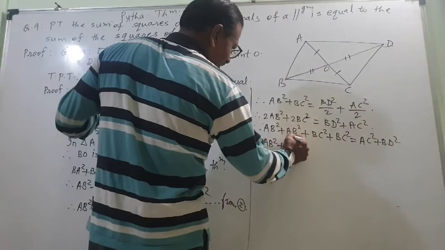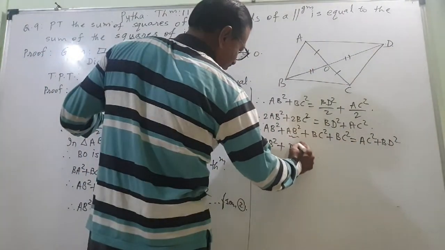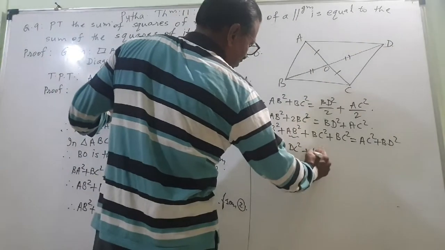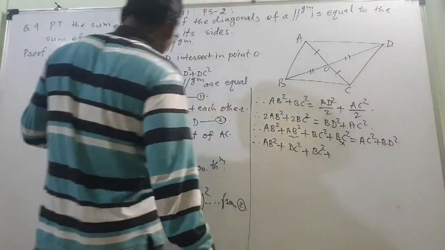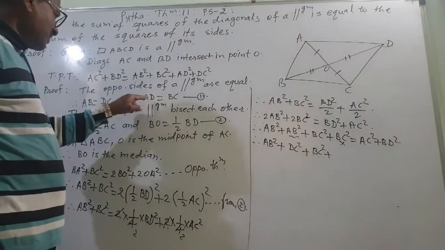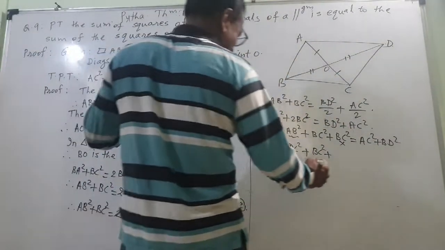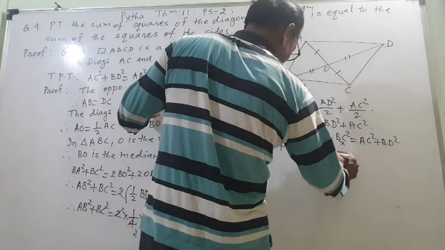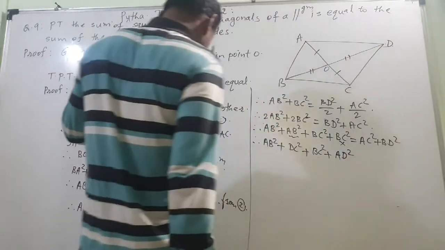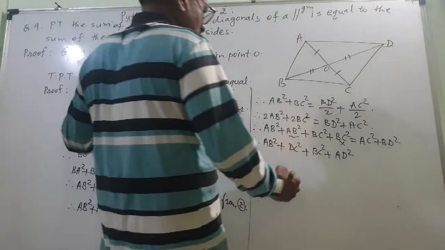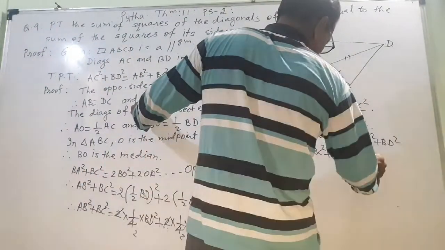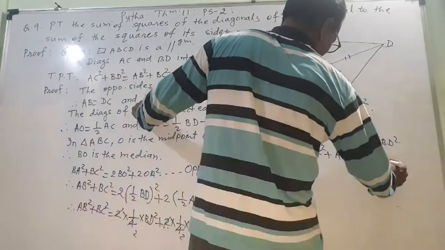For this AB I will write DC square, plus BC square as it is, plus for this BC I can write AD, AD square. Hope that you have understood. Is equal to AC square plus BD square.